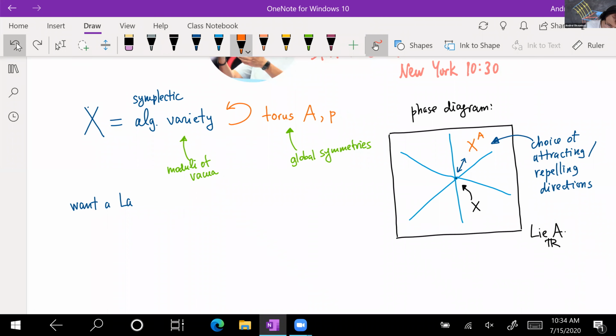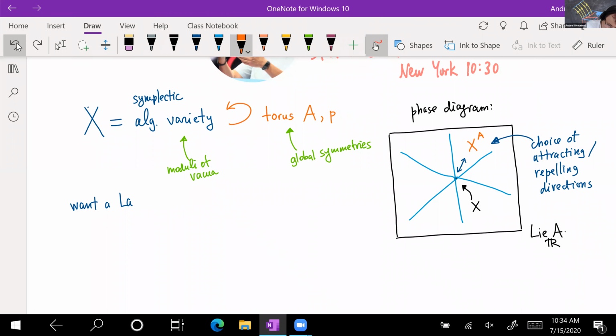So we have a very nice attracting manifold. I'll just write it as attracting. This is the set of pairs: you have some point X and some fixed point F here, such that the limit as a goes to 0 exists.